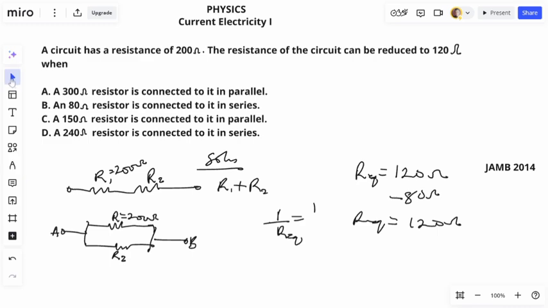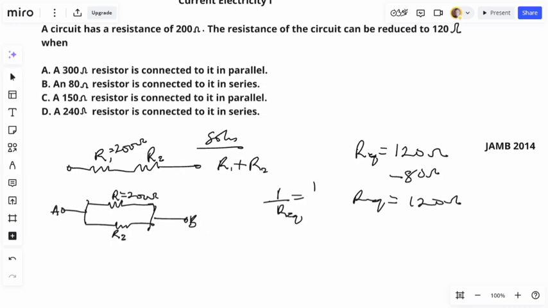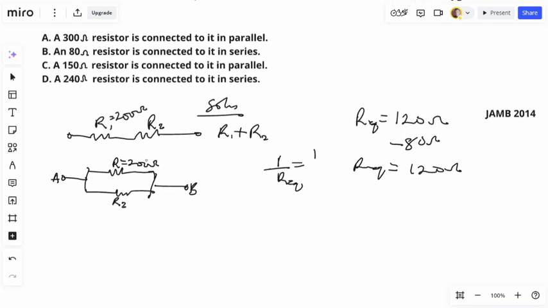So now, I've established that it's a parallel connection that will help to reduce the equivalent resistance to 120 ohms, not a series connection. Having established that, I'll then find that resistance. We know that for two resistors connected in parallel, R equivalent is given as R1 times R2 divided by R1 plus R2.